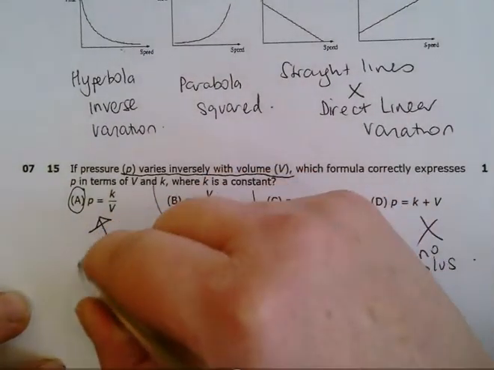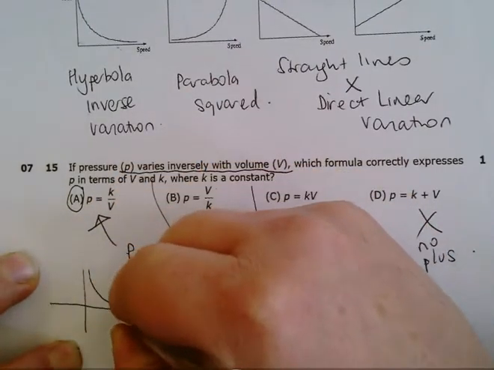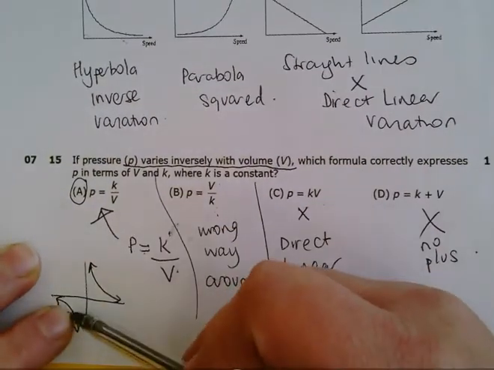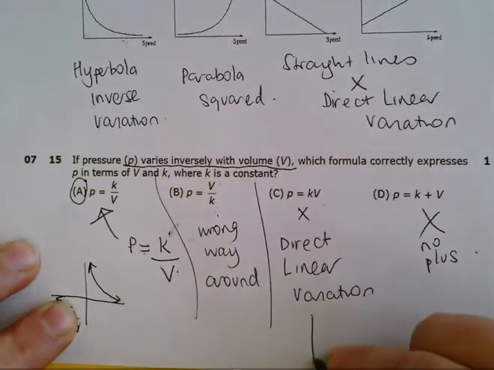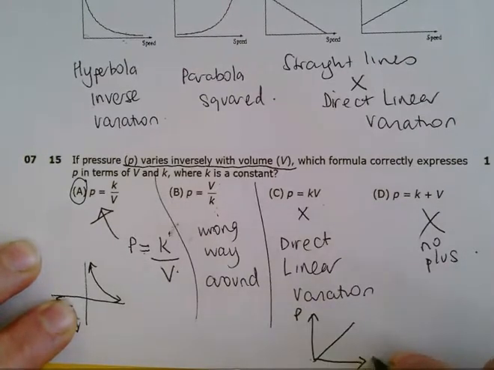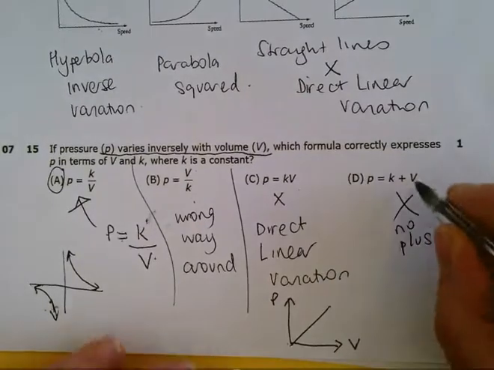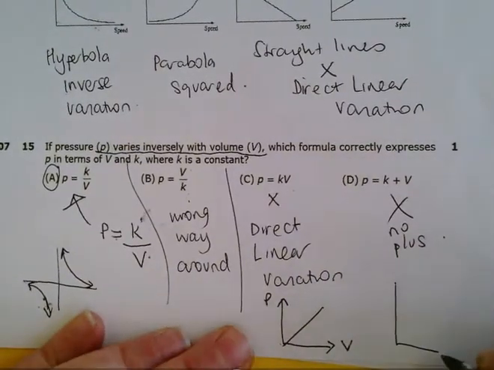Okay, this type of graph where P equals K on V is a hyperbola type of graph, which is your inverse variation. But with inverse variation questions, you won't see this quadrant 3 section of your graph. P equals KV is a direct linear relationship. That type of graph would look like that. And P equals K times V is also a straight line graph, just shifted upwards.